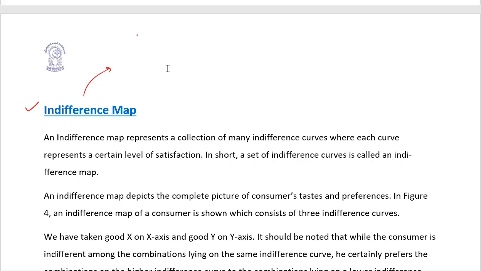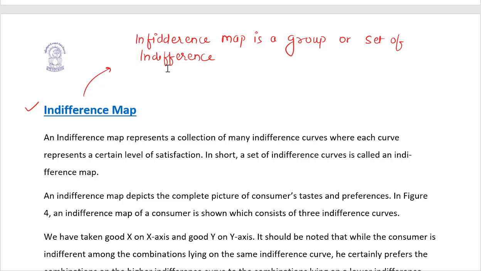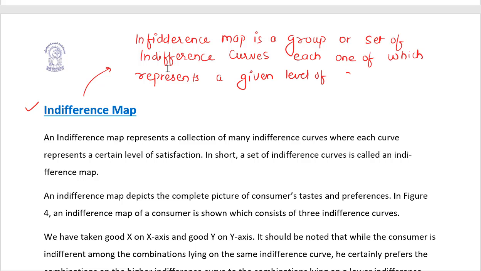So you can write it: an indifference map is a group of indifference curves, each one of which represents a given level of satisfaction.